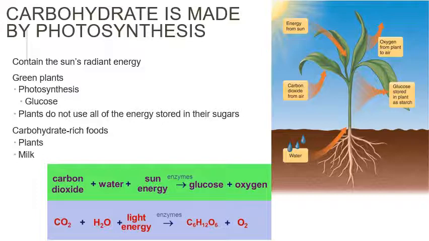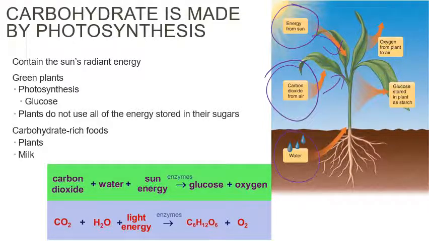So let's look at the picture over here. You see that the energy from the sun goes to the plant. Carbon dioxide from the air goes to the plant. Water goes to the plant.